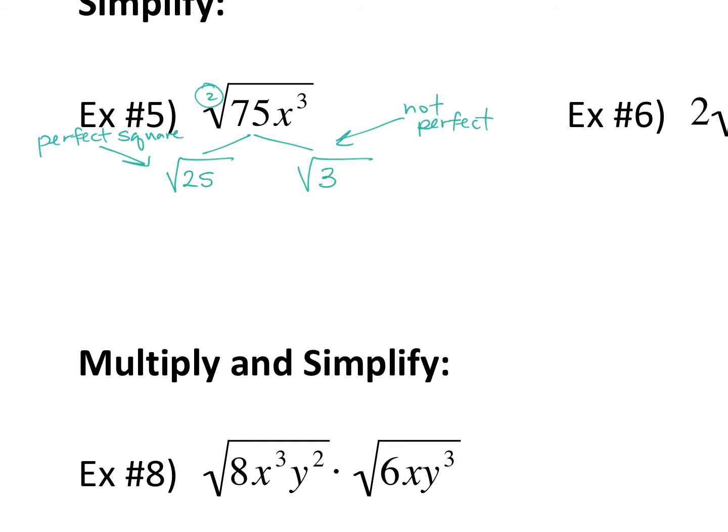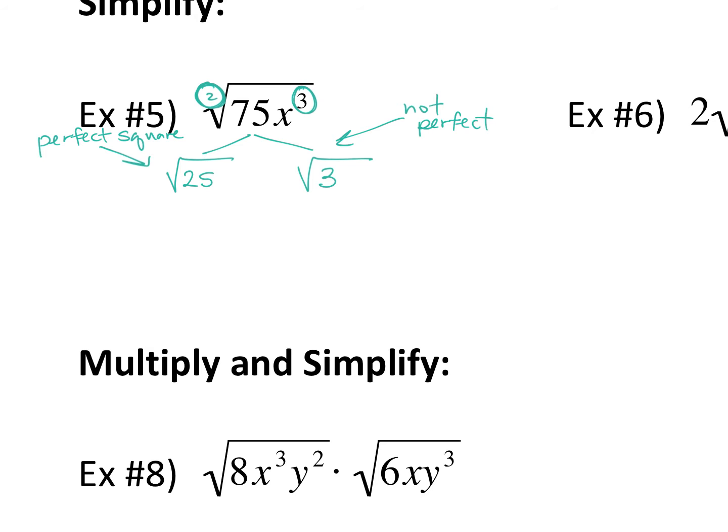But then we also have our exponents, okay? Now, remember what we said before. You always take the exponent divided by your index number, but 3 divided by 2 is not nice. We don't like that, okay? So instead, we're going to break it into what can be divided by 2 and what can't be divided by 2.